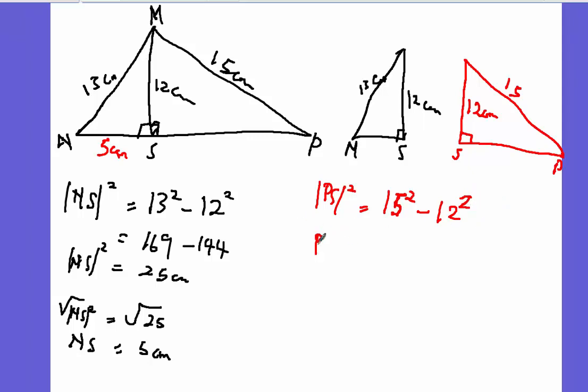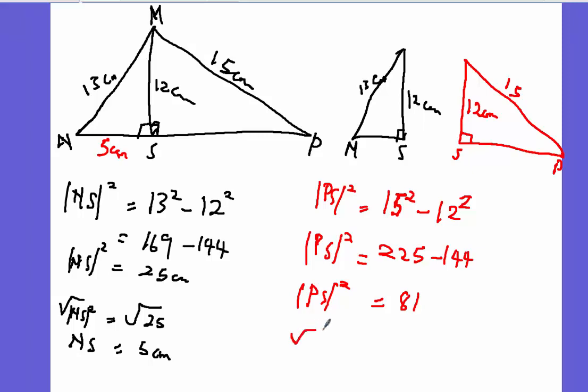Right, so PS squared equal to 225 minus 144. PS squared is equal to 81. Great. Remember, we are looking for the side of PS and not PS squared.